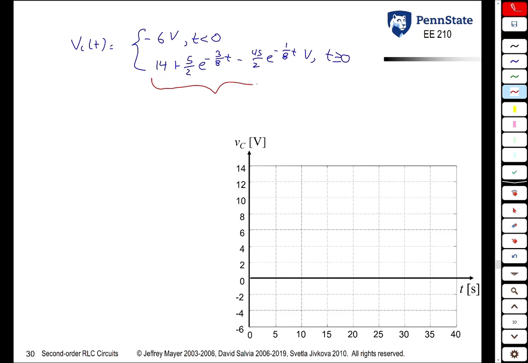So if you look at this response, it consists of a steady state value. It consists of a decaying exponential, with a time constant of 8/3 of a second.